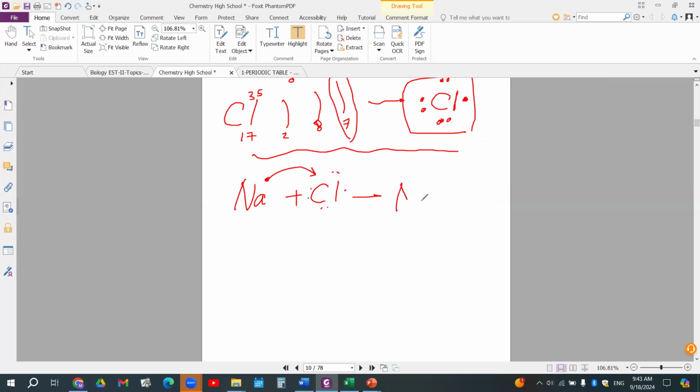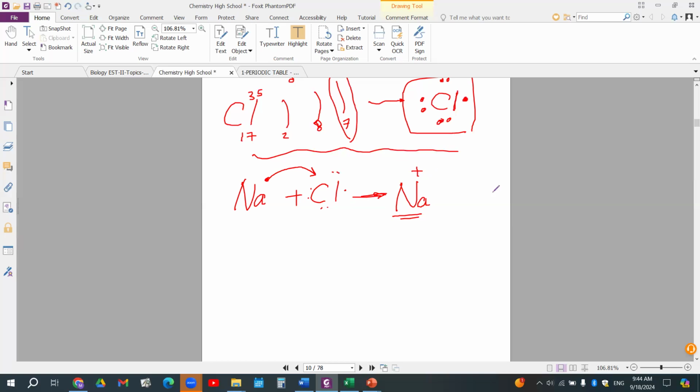Sodium lost an electron and is now satisfied and very happy because it has 8 electrons in the outermost shell and it is like neon. It was jealous of neon, but after losing an electron, it will find itself having a positive charge.